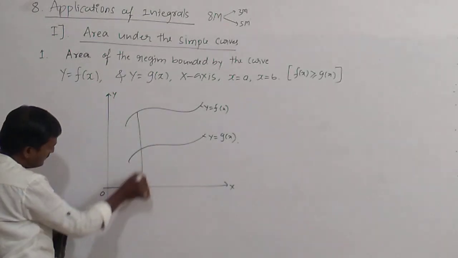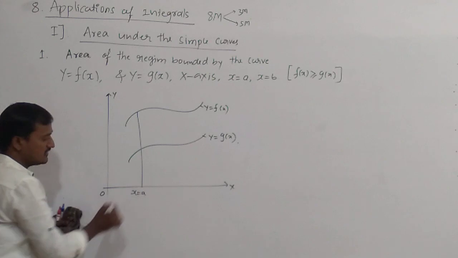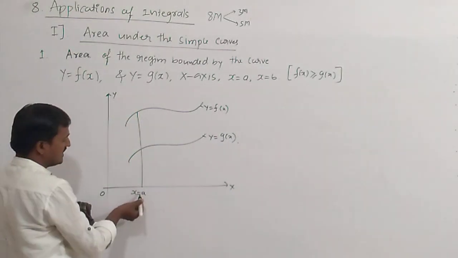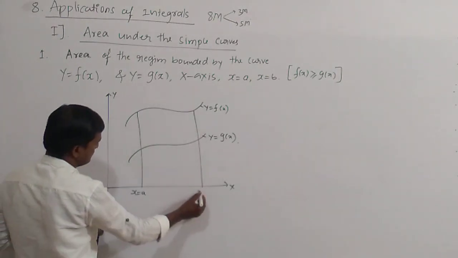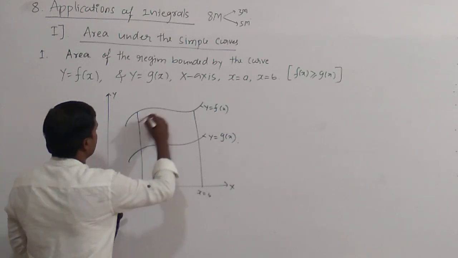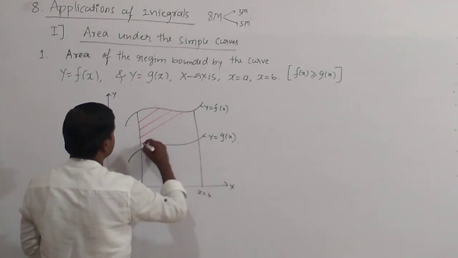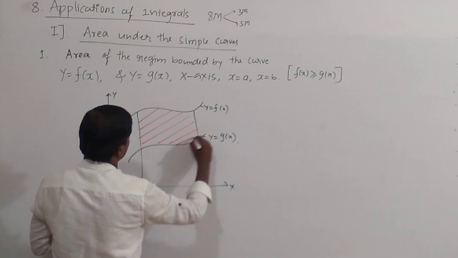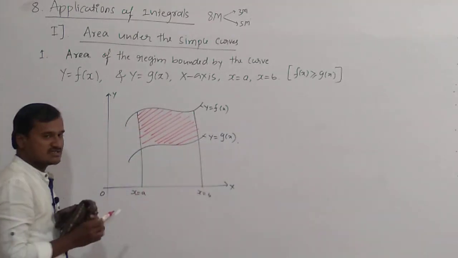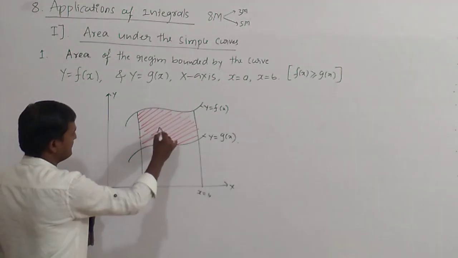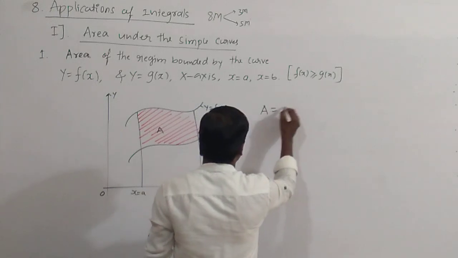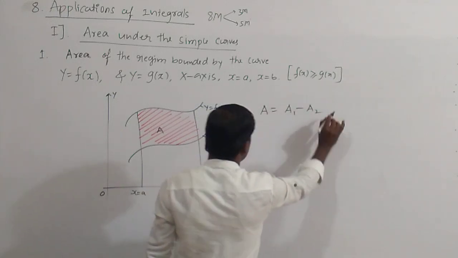If you want to find the area between the curves y equal to f of x and y equal to g of x from the line x equal to a to x equal to b, this is the required area, which I will call E. So clearly to get the required area we will take a1 minus a2.